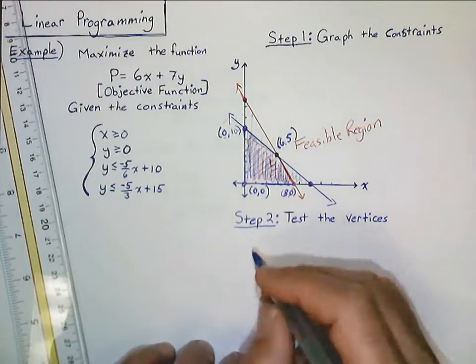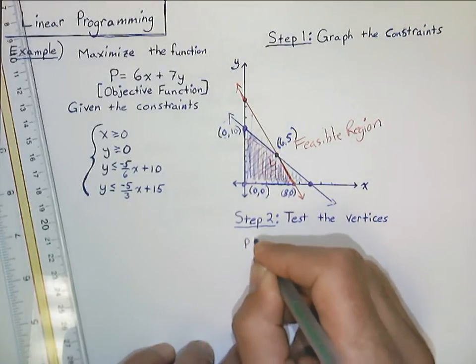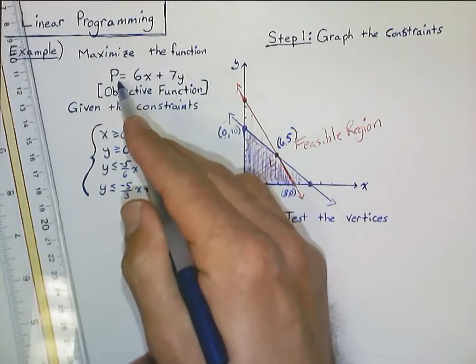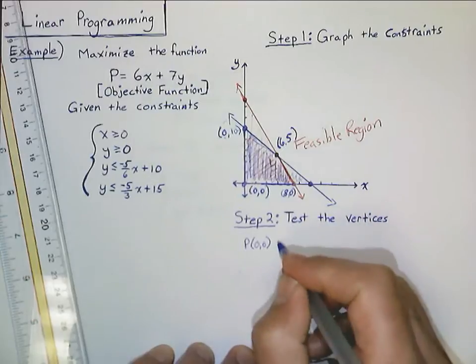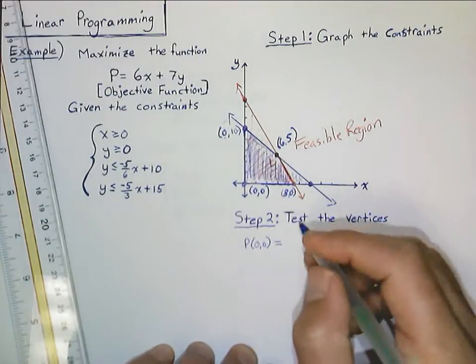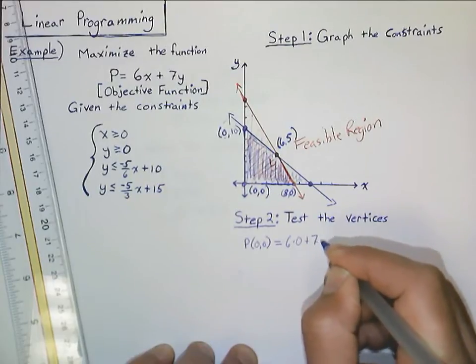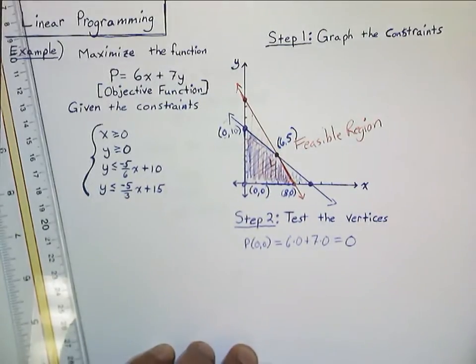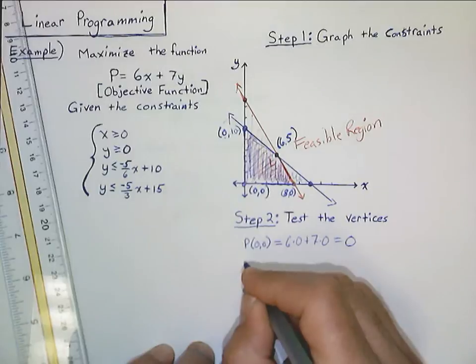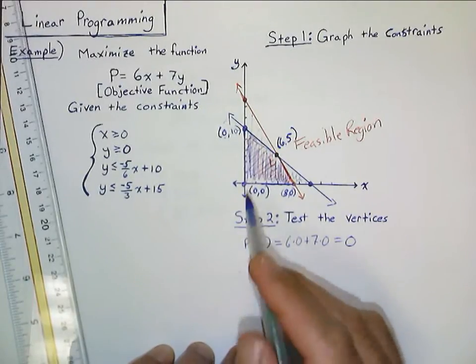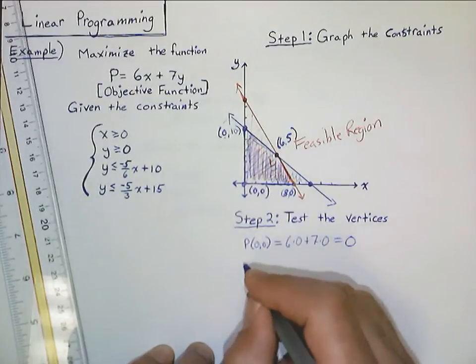Okay? So let's check these out. P of (0, 0), meaning the p-value that we get when x is 0 and y is 0, well, that's just what we get when we plug it in. 6 times 0 plus 7 times 0 is of course 0. That's for that vertex. Let's check this one, (0, 10).